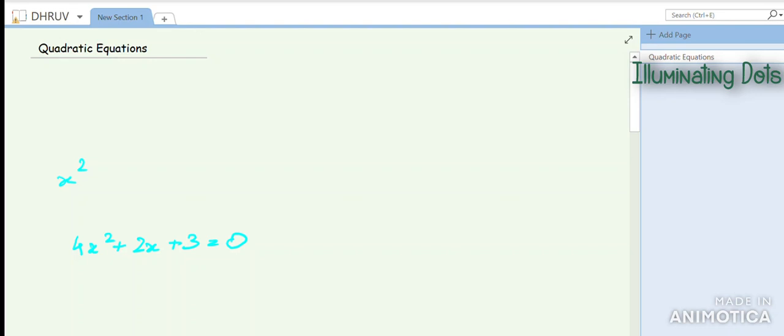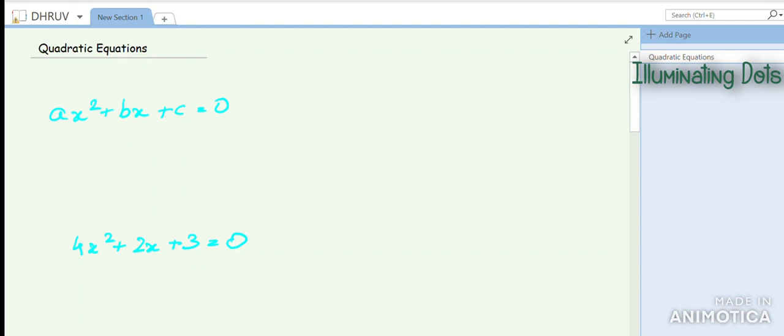Now there's a general form to writing a quadratic equation. So the general form is ax square plus bx plus c is equals to 0. Now all the quadratic equations follow this rule, not directly but indirectly they have to follow this rule.